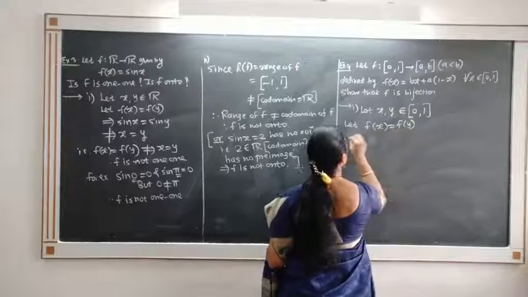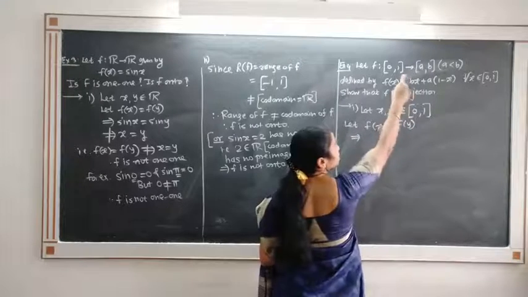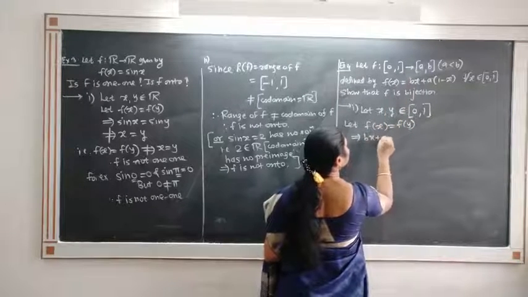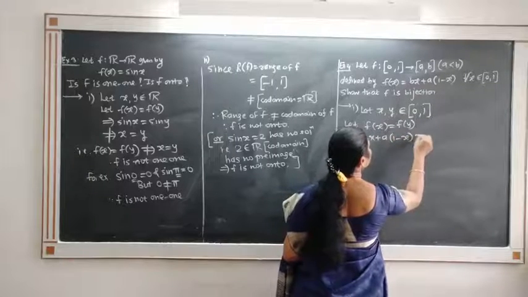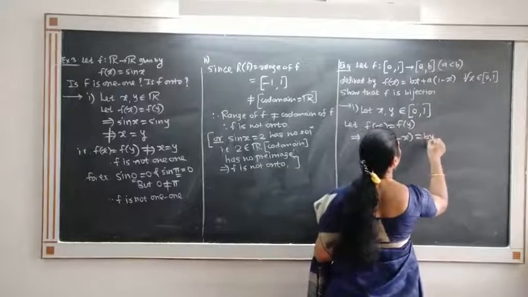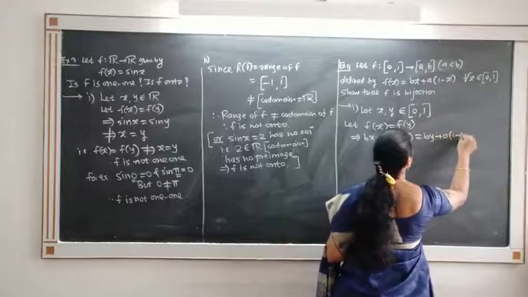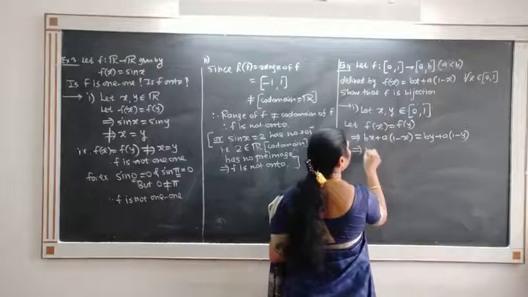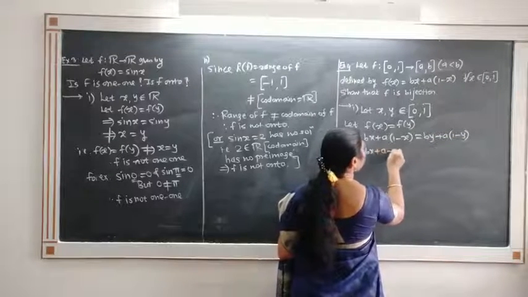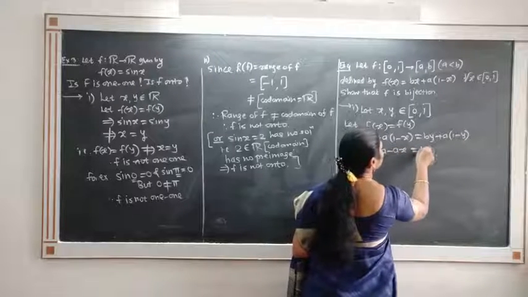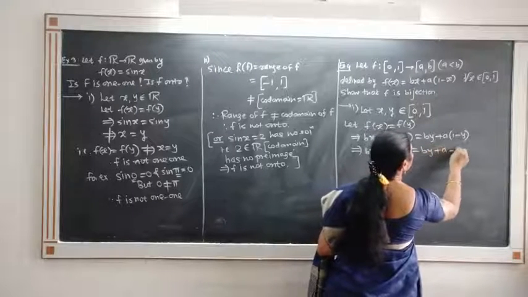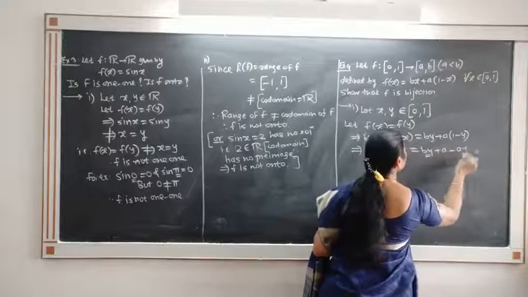We want to check whether x is equal to y. Now f(x) means bx + a(1 - x) and f(y) means by + a(1 - y). Simplifying we get bx + a - ax is equal to by + a - ay.